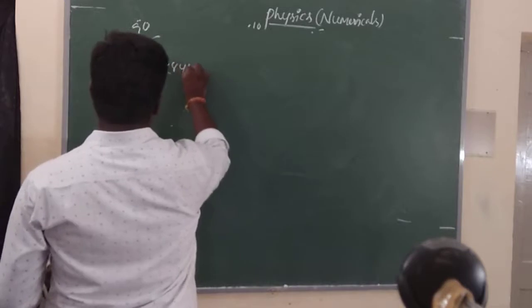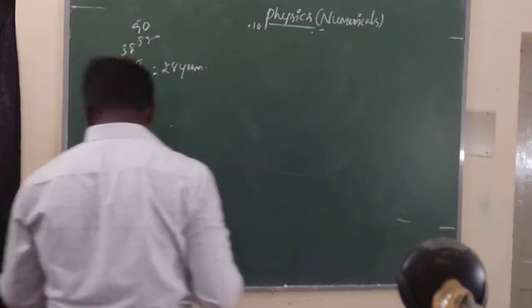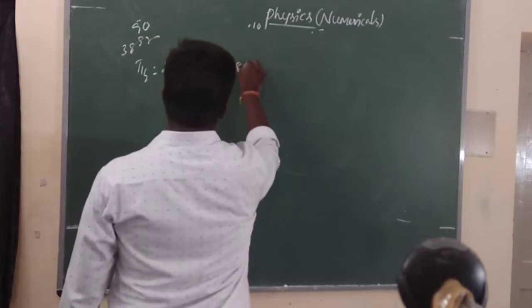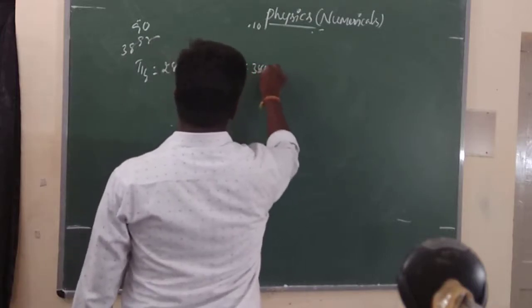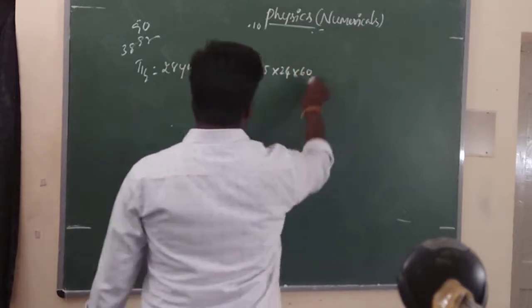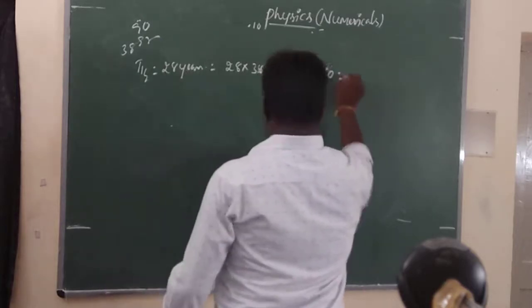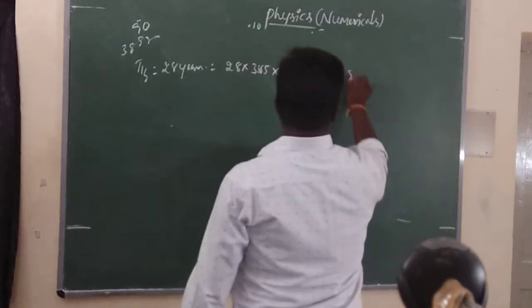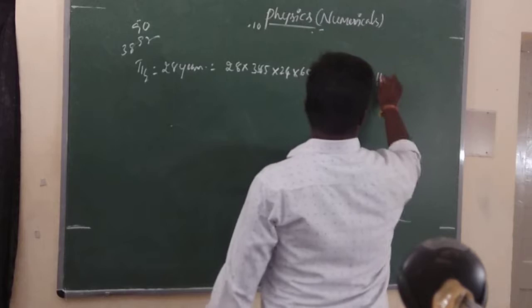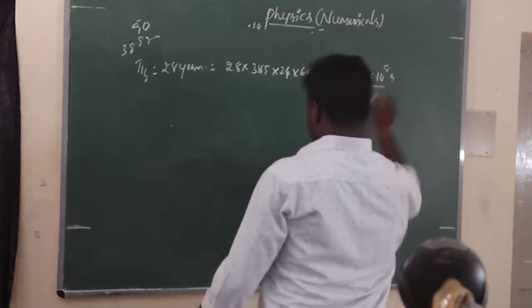28 years. We convert 28 years into seconds: 28 into 365 into 24 into 60 into 60. That is 8.83 into 10 to the power of 8 seconds.